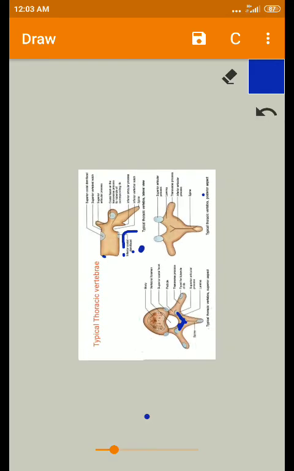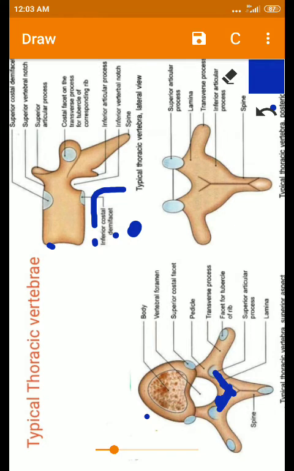The laminae of the next vertebra overlie each other from above. That means the laminae are touching the laminae of the superior thoracic vertebra.